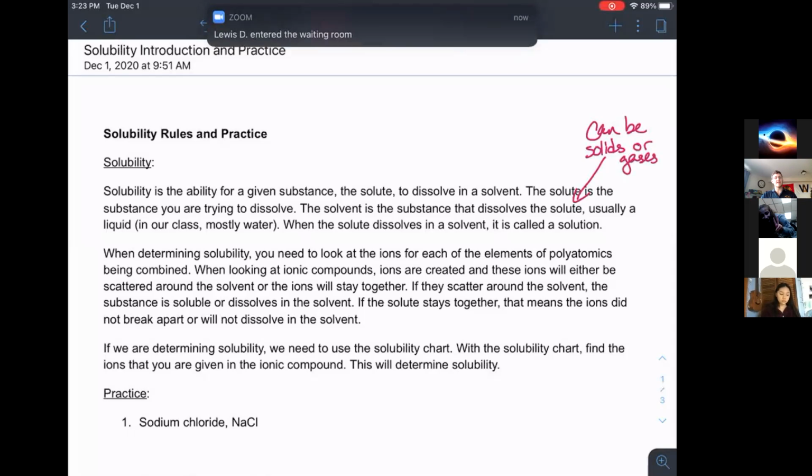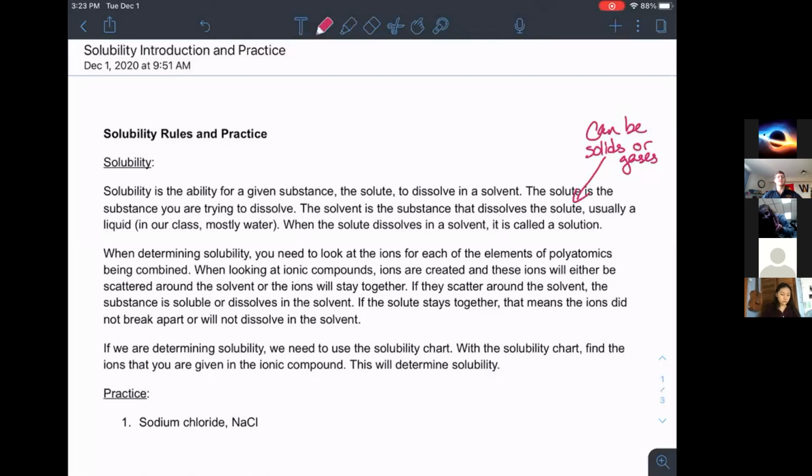They aren't requirements for it to be a liquid. And even if it's a liquid, it doesn't have to be water. Usually it's water, just because water is what we mostly make our solutions out of. But sometimes we'll use hydrochloric acid, which is a different liquid.